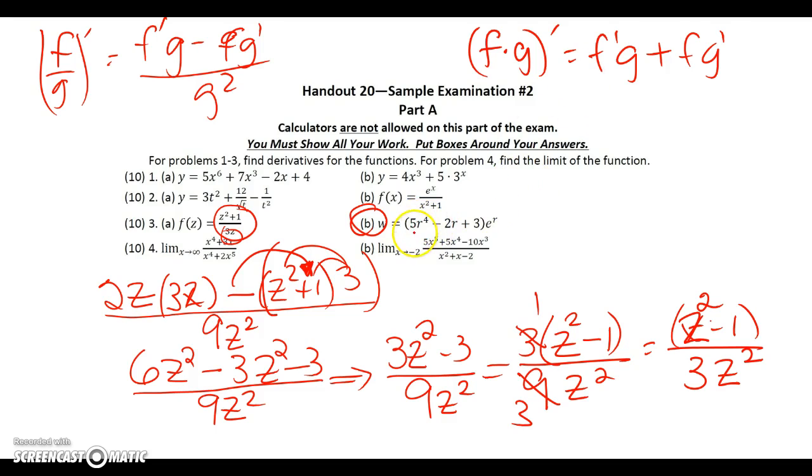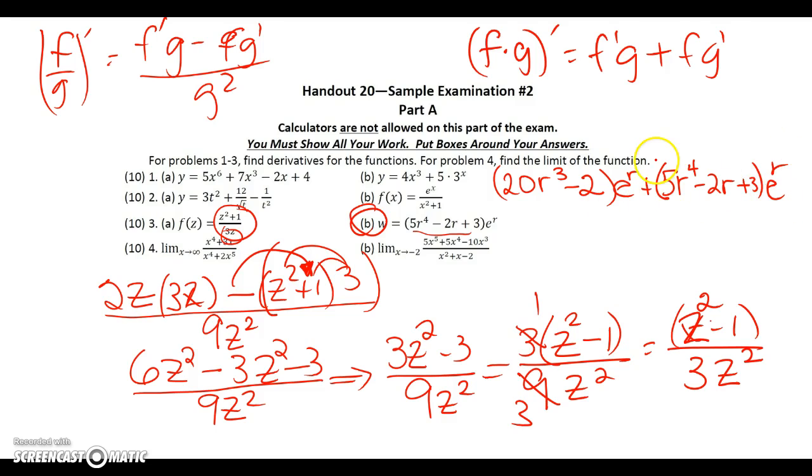So take the derivative of the f here, which is 20r to the third minus 2, times g, which is e to the r, plus the original f, 5r to the fourth minus 2r plus 3, times that e to the r, because the derivative of e to the r is e to the r.